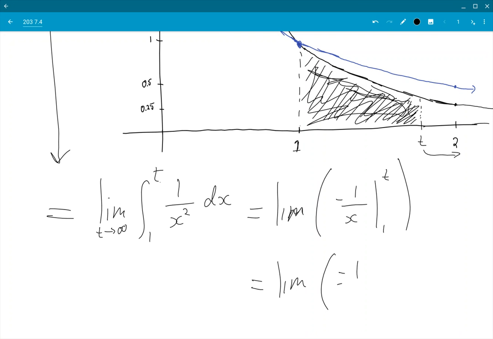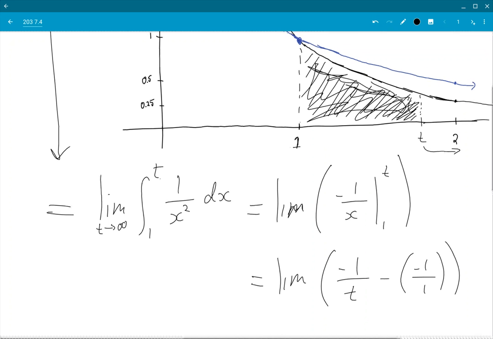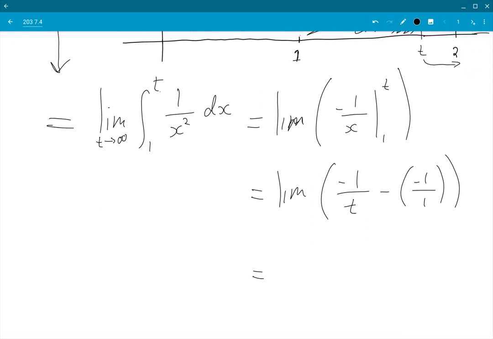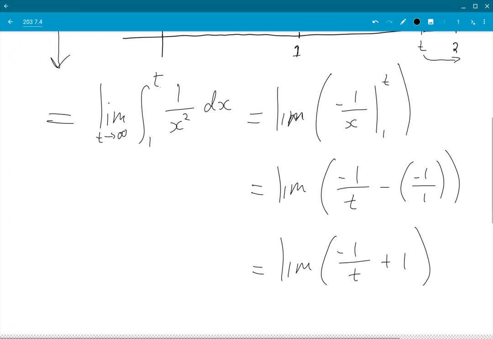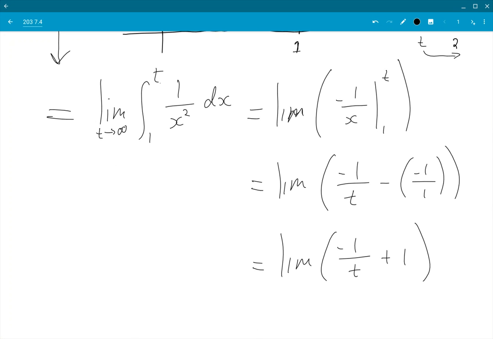So we get minus 1 over t minus minus 1 over 1. We get the limit of minus 1 over t plus 1. Now t is going to infinity, so this dude here is going to 0. So we just get 1.